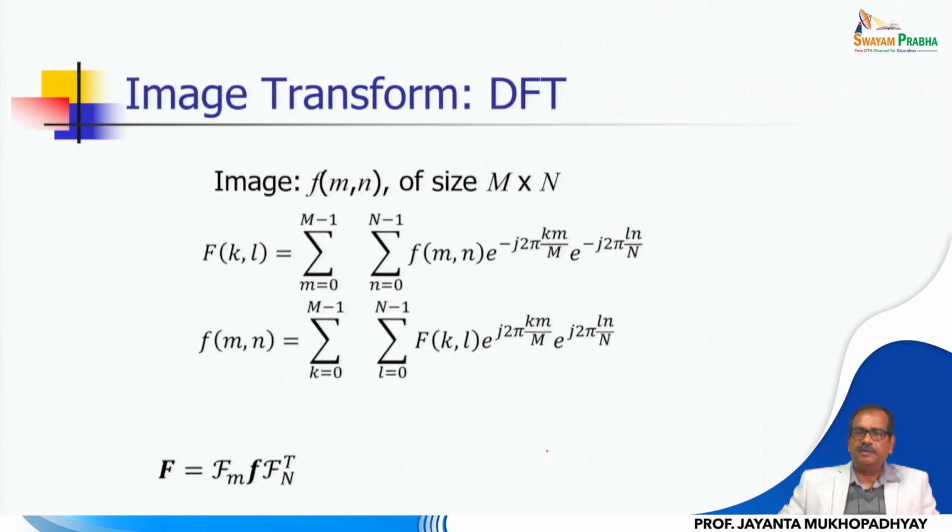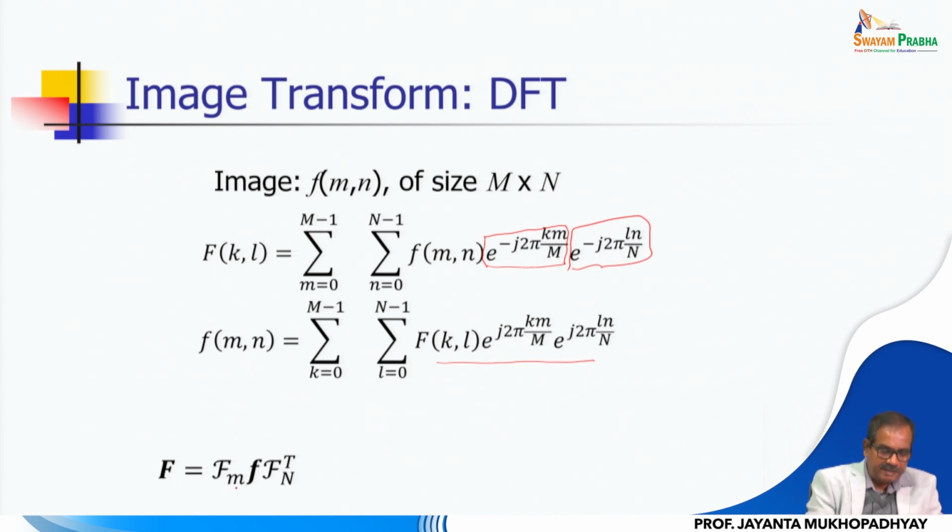Now I will be extending this discussion. For the discrete Fourier transform, we know that in the transform domain, in one dimension, you have the basis function and its complex conjugate. The product of these two forms the 2D basis functions, and you apply it, and this is the same expansion in 2D form.